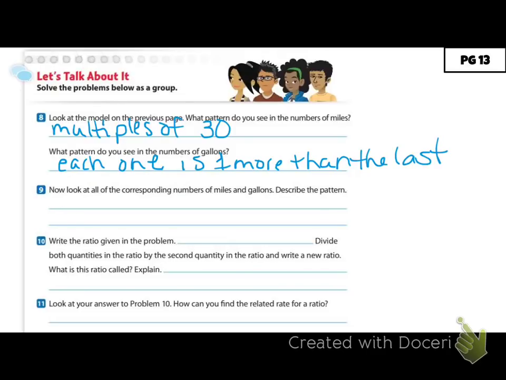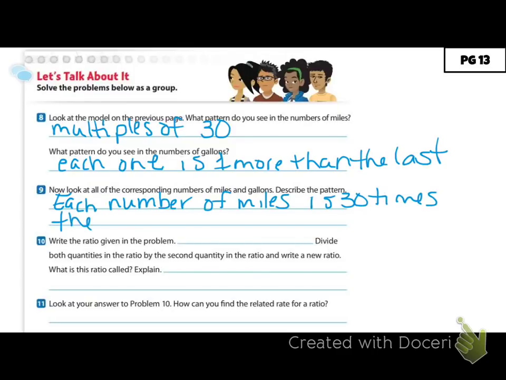So we could say each number of miles is 30 times the number of gallons. So for each gallon, we're going 30 times on the miles.